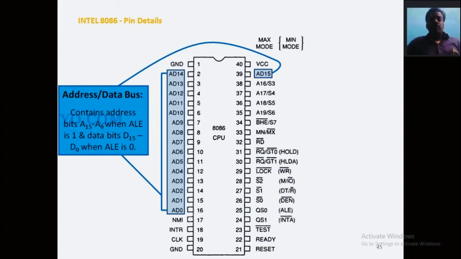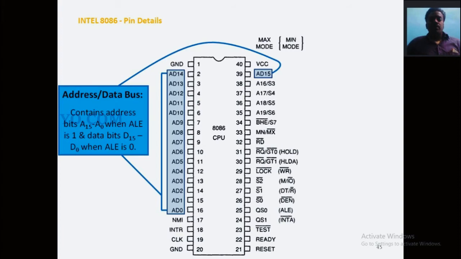So address or data bus means it carries both address and data on these AD lines. There are 16 lines, AD0 to AD15.